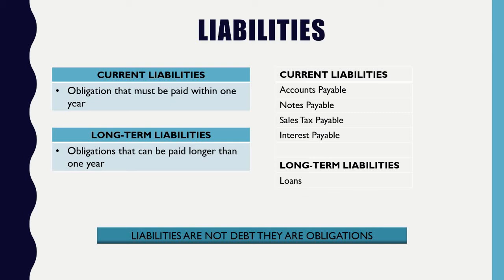Not short-term and long-term. It's current and long-term. So when we organize or categorize our liabilities, we understand them by how long we are owing this person.